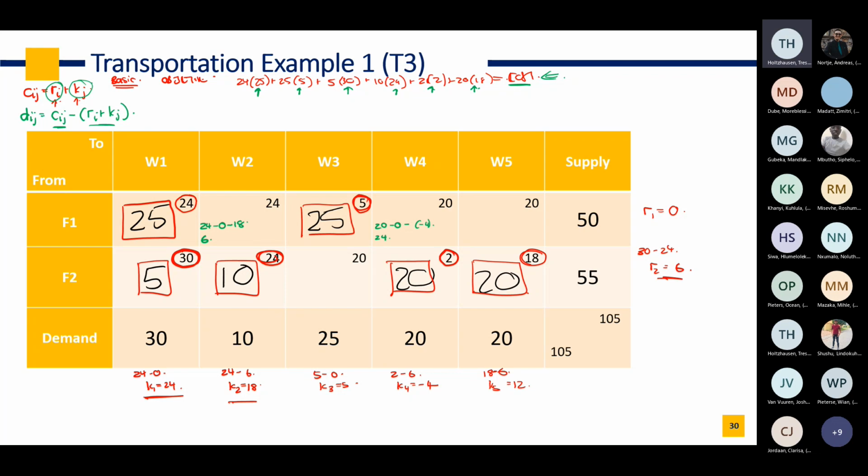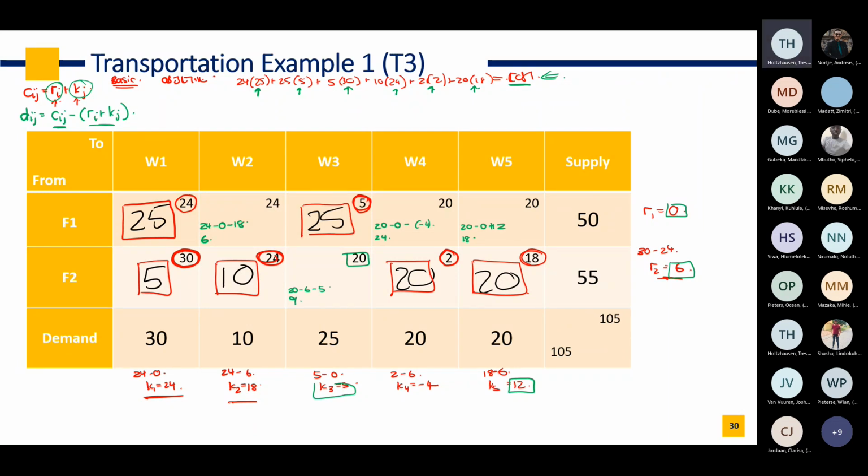And then we're going to have 20 minus 0 minus 12, and that's going to give us 18. Once again, if you're wondering where I'm getting these values from, I'm going 20, 0, and then 12. Then we move on to the last one left over: 20 minus 6 minus 5, and that is going to give us 9.